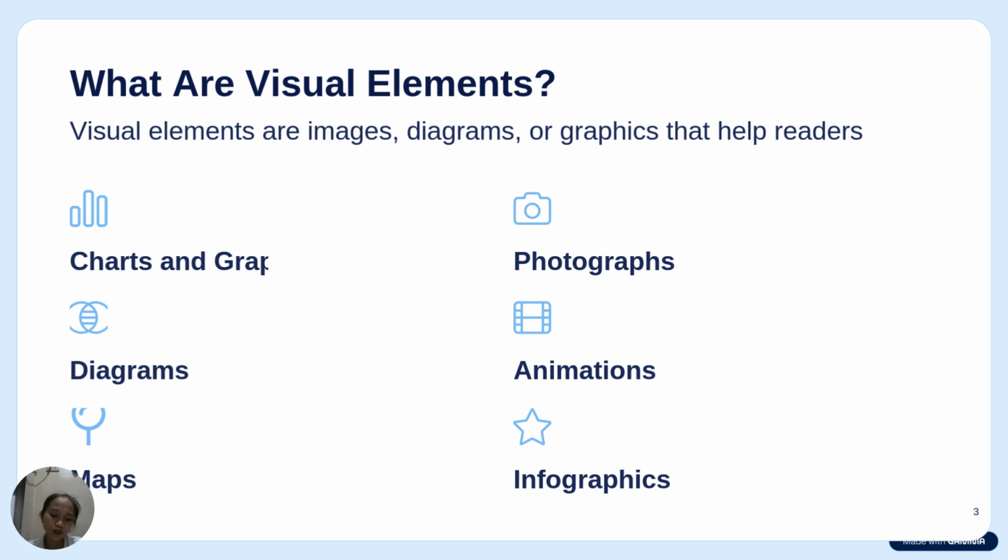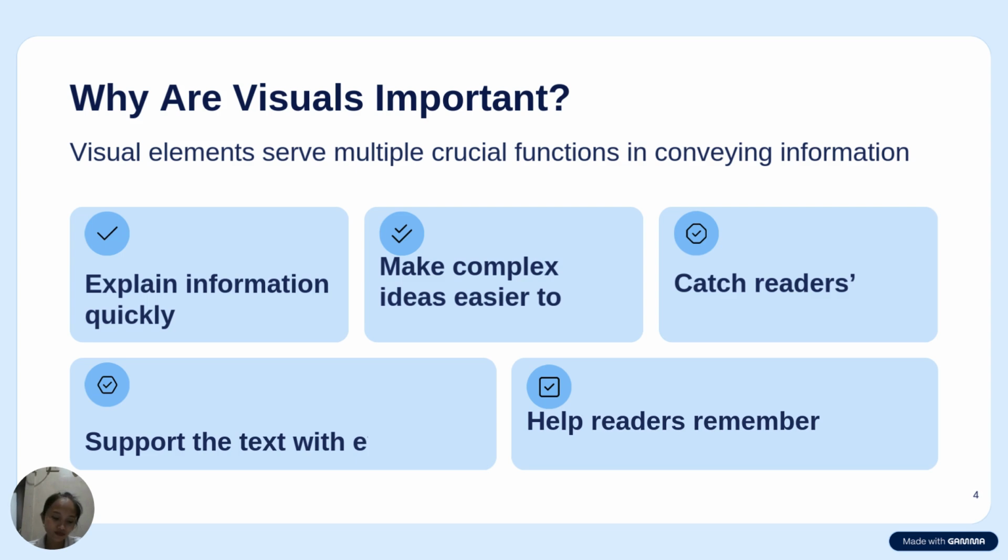So why are visuals important? Visuals are important because they don't just decorate a page, but they also communicate to the audience or the reader. A chart can summarize an entire page of information in one image.